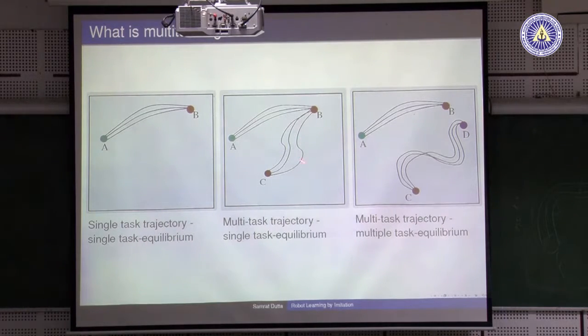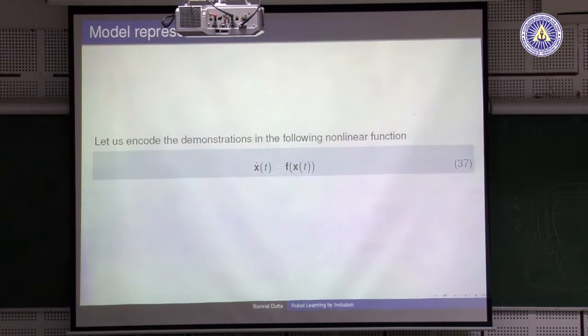Then the robot starts from A to B and C to B while executing 2 types of trajectories. So, that is called multitask trajectory, single task equilibrium. And then again maybe the equilibrium point can also be changed while changing the trajectory. So, we term it as multitask trajectory, multitask equilibrium.